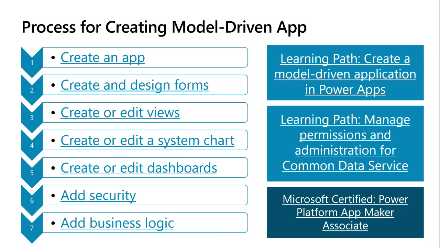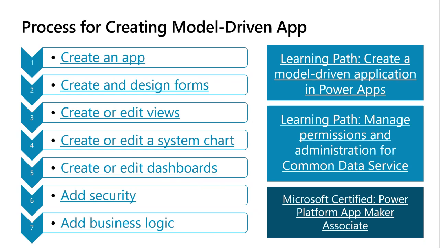Once you create an app, you're going to want to start creating and designing your forms. The forms are the detail pages that you use if you're familiar with any of the customer engagement apps. These are the pages in the system where you create or edit records. Views are another key component. These are the list pages.